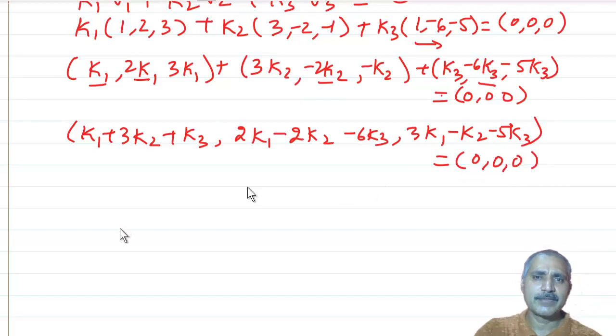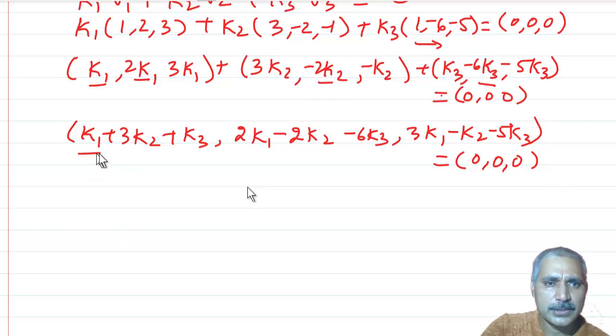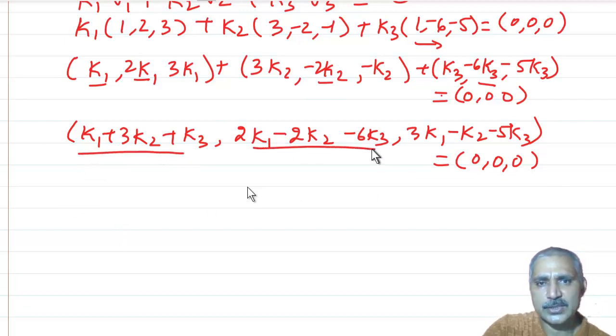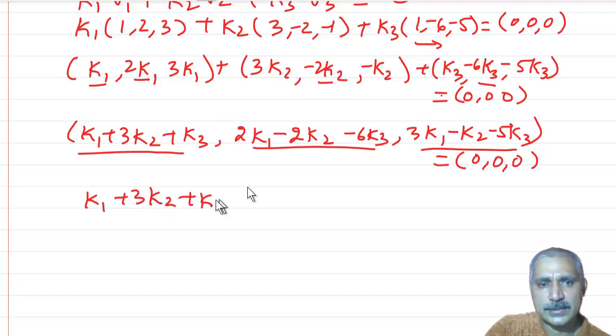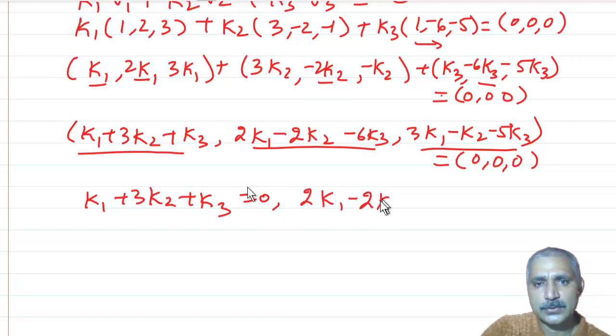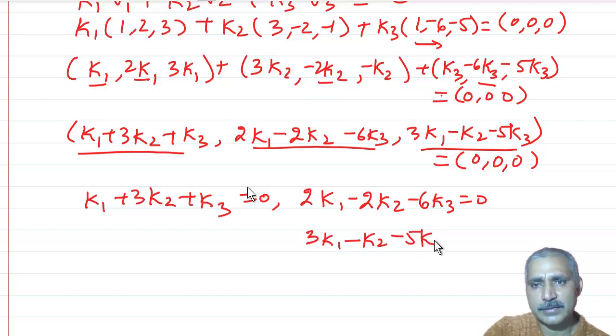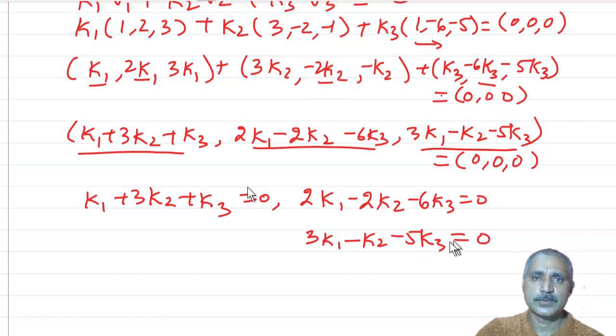Now we are having a system of three equations. The first part is this one, second is this one, and third is this one. All three right sides are 0, so by comparing we will be getting k1 plus 3k2 plus k3 is equal to 0, 2k1 minus 2k2 minus 6k3 is equal to 0, and the last is 3k1 minus k2 minus 5k3 is equal to 0.